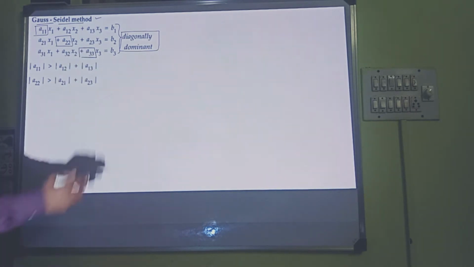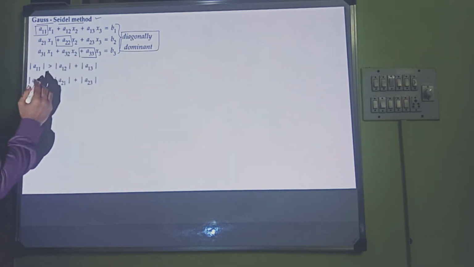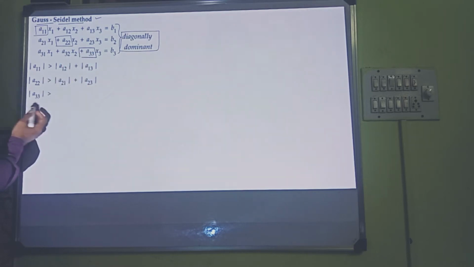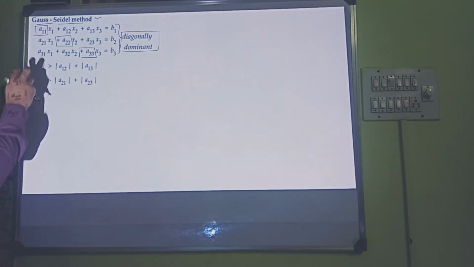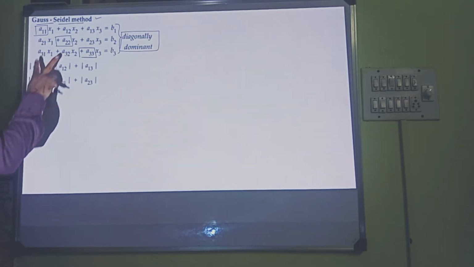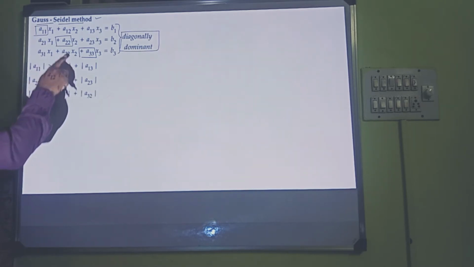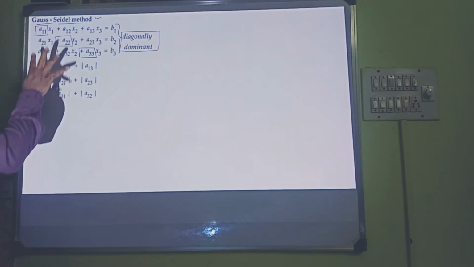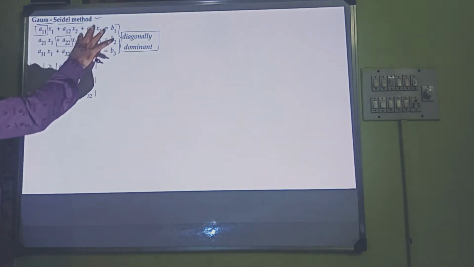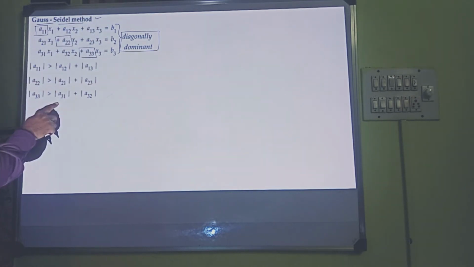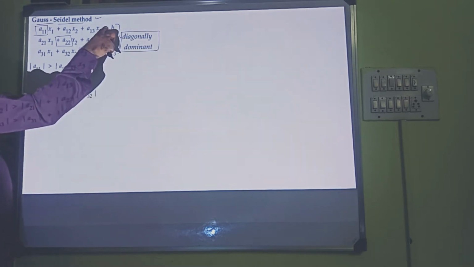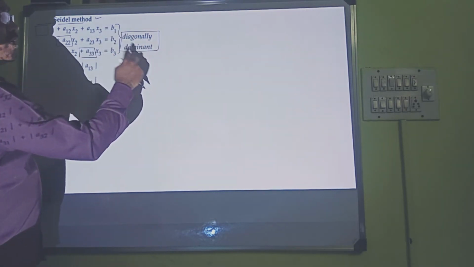That means the absolute value of this element is greater than the sum of absolute values of these two elements. If any system of three equations satisfies these three conditions, such a system is called diagonally dominant.